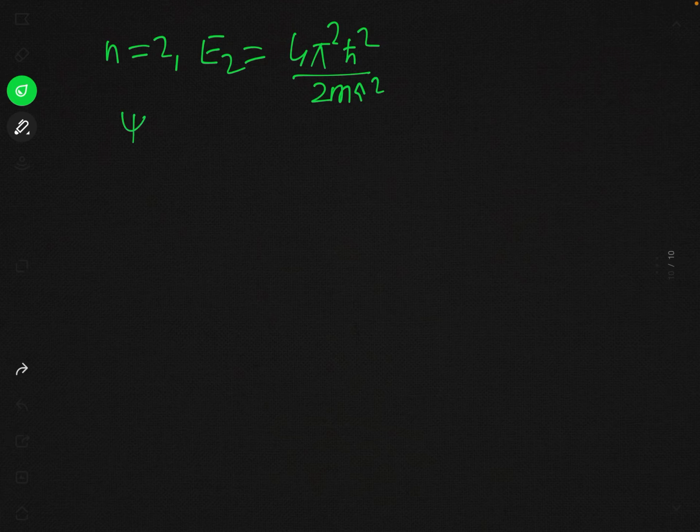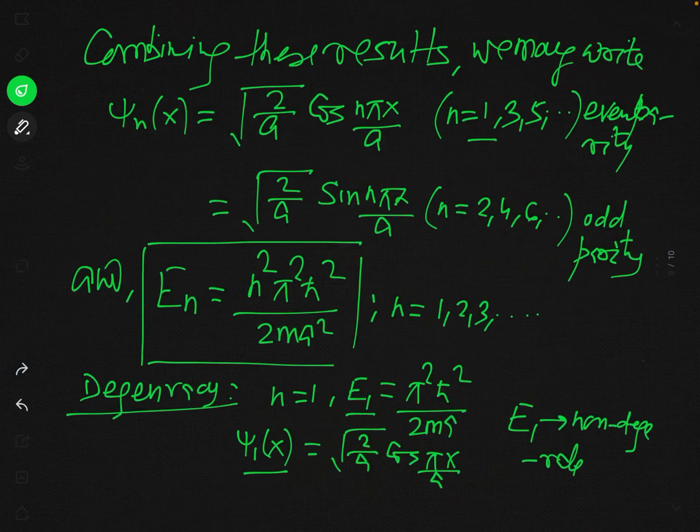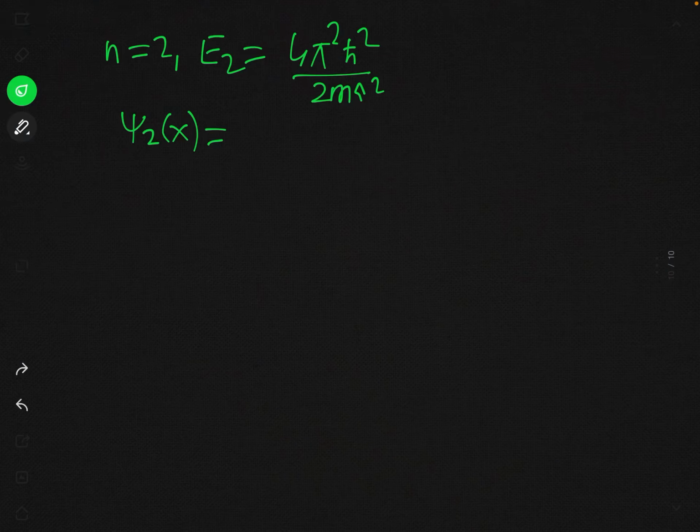And corresponding to this, what will be the eigenfunction? Psi 2 of x. When n is 2, you must write the eigenfunction with odd parity, that is, in terms of the sine function. So this eigenfunction will be root over 2 by a sine 2 pi x over a.